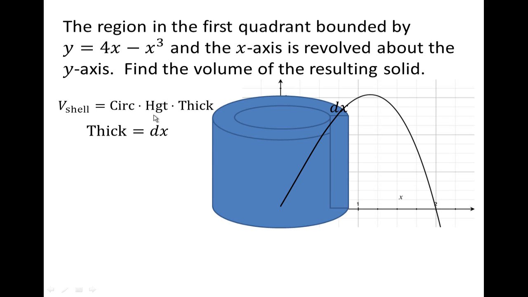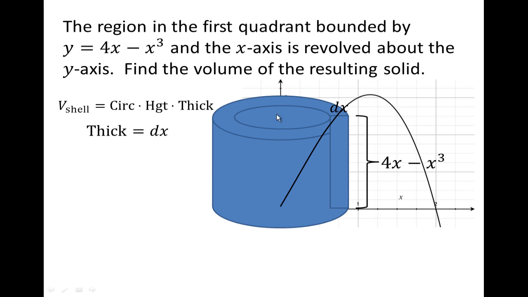Let's work backwards. How do we get the height? The height is going to be this distance here, and if we take an x and y value, this is going to be the function value. Now, we might have regions between curves that we revolve, so you might have to do something a little bit different than just lay out the function value. But you need to figure out what the height of the shell is, and often it's written in terms of the function values.